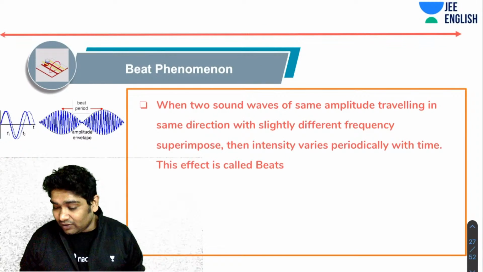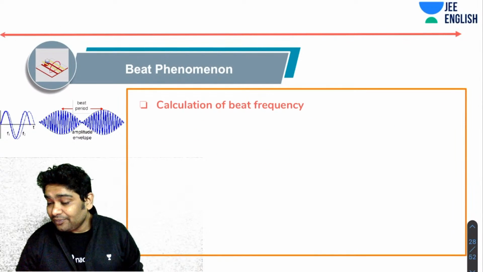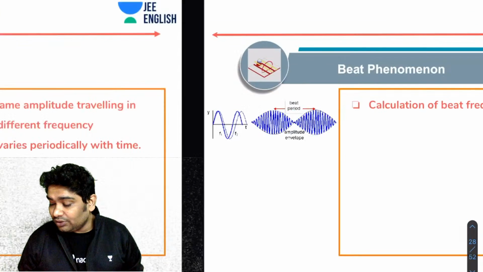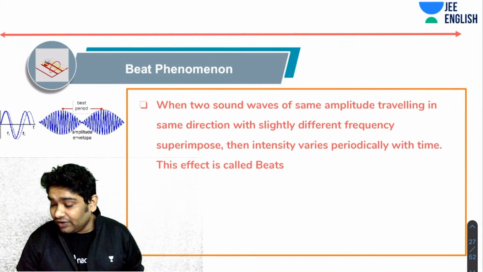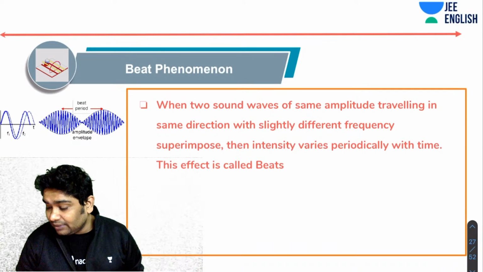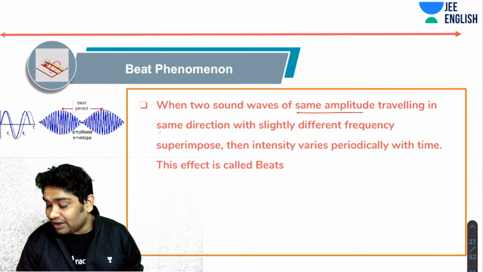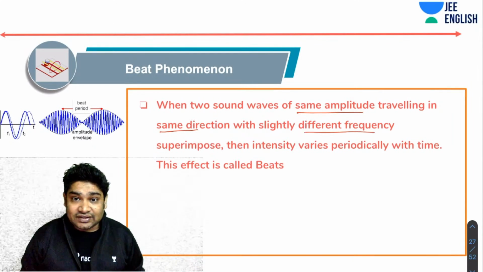Let's try calculating the beat frequency. Imagine you have two sound waves, again of the same amplitude traveling in the same direction but with slightly different frequencies.